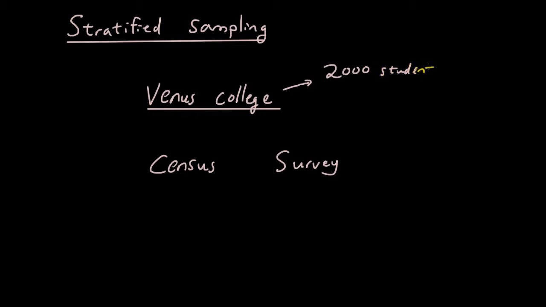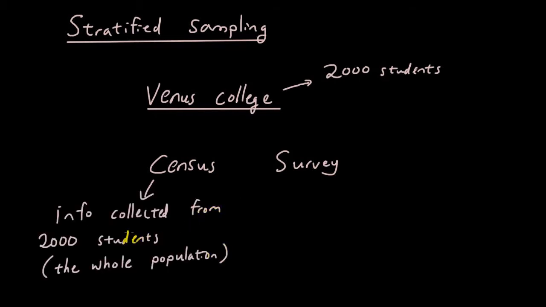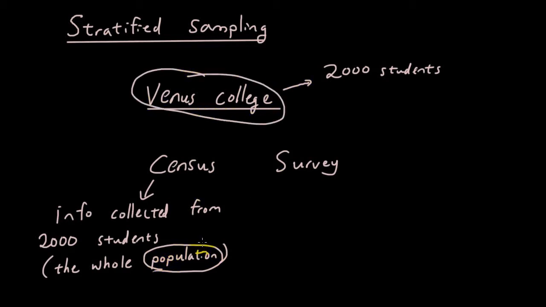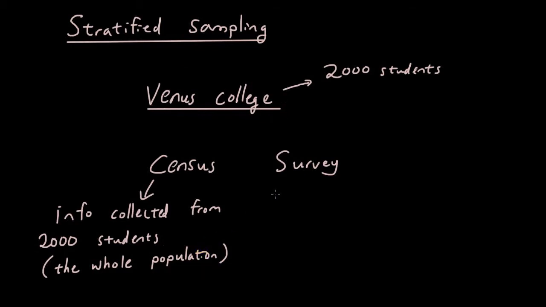When you are talking about a census, you're collecting information from the whole 2,000 people. So what that means is you have collected the information from the whole population, because the population represents everybody in Venus College. Okay, so that's what a census is.